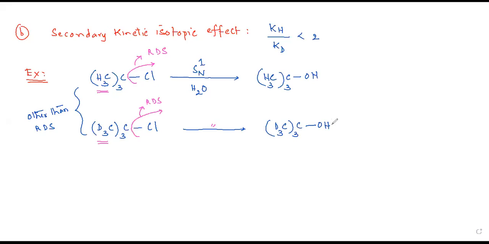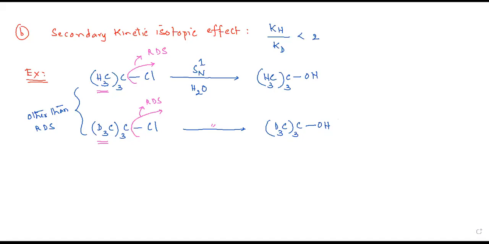So if the carbon-hydrogen bond undergoes cleavage in the rate determining step, that is primary; in all E2 you can see a primary kinetic isotope effect. Whereas in SN1 reactions, which are similar to the E1 reactions, of course, if we know SN1 and SN2, we can compare the two.